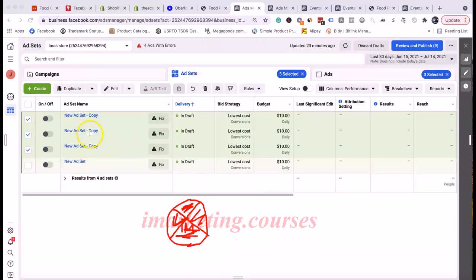Say, for example, the original ad set, you dropped the budget down and it started performing again. You just know that that's your original, and you'll have it labeled here. And this one, say for example, is not performing at a $10 budget, but these 2 are.